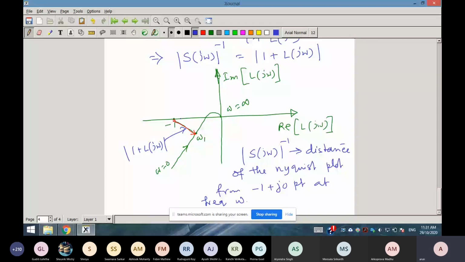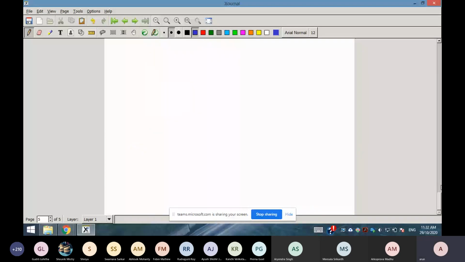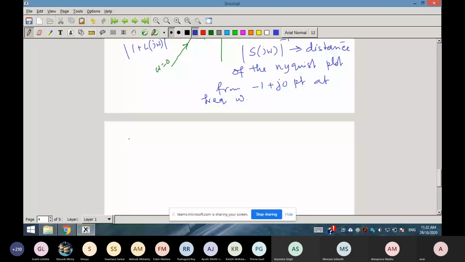So for robust stability, the Nyquist plot, even the nominal one, should be as far away as possible.